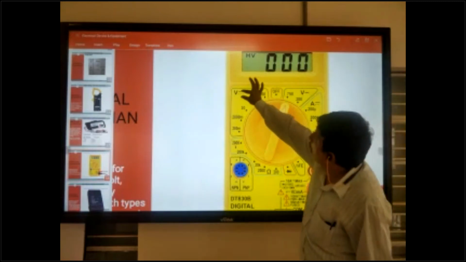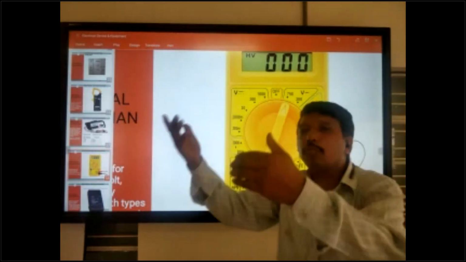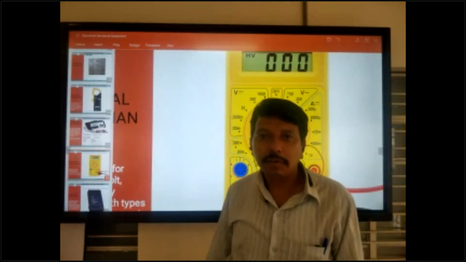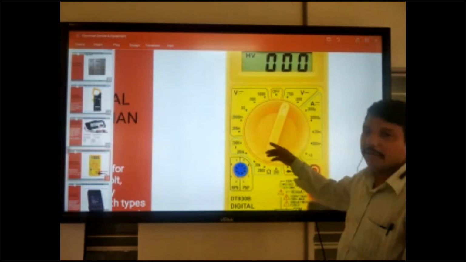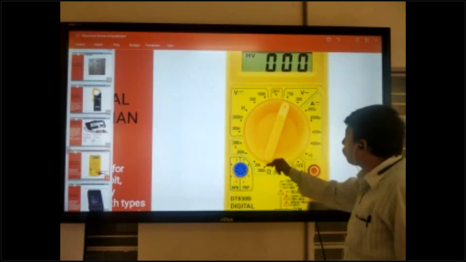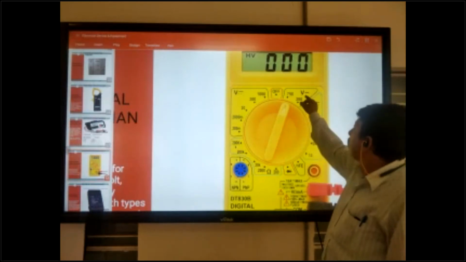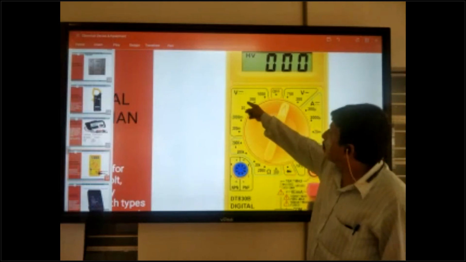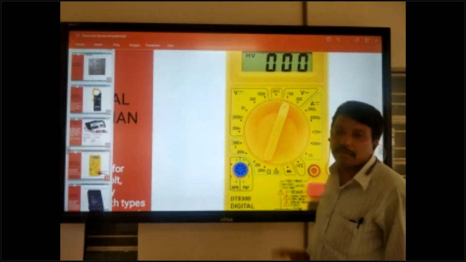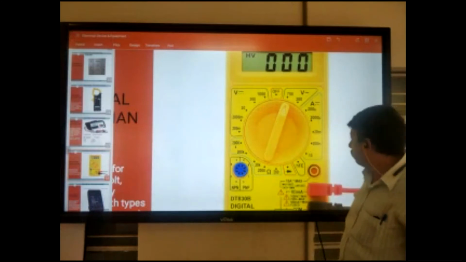They have symbols, so you can check what kind of voltage you are going to measure. This is your select switch: AC area, DC area. For DC volt the arrow should be here, for AC volt the arrow is here.